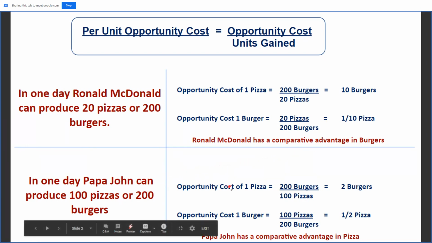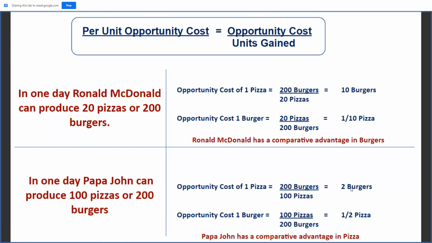So on the bottom, I'm going to do the same exact thing, but working with the numbers for Papa John. When he's making pizzas, he can make 100 during the day. His opportunity cost is making the 200 burgers for the day. We want to know the per unit. So for pizza, you give up burgers: 200 burgers divided by the 100 pizzas. Every time Papa John makes a pizza, he gives up 2 burgers.